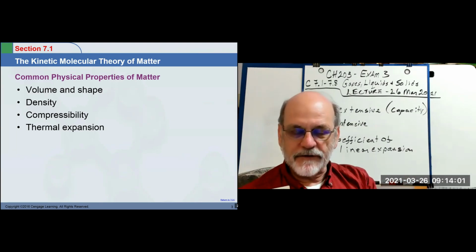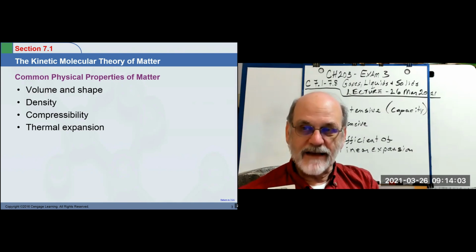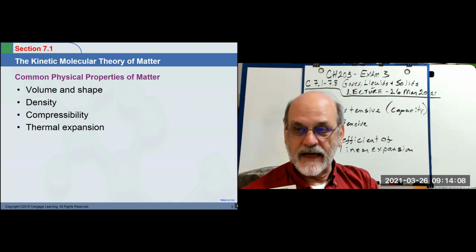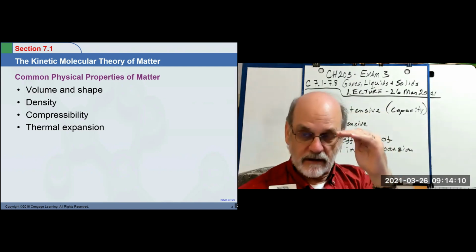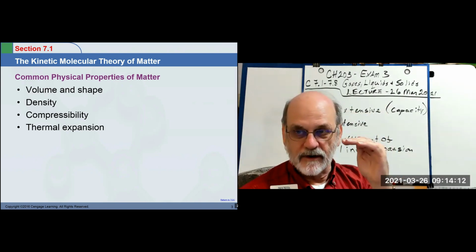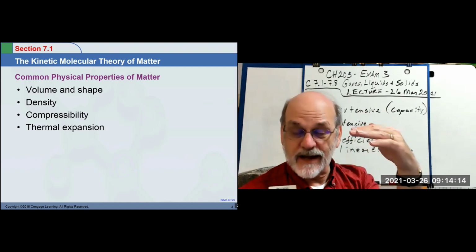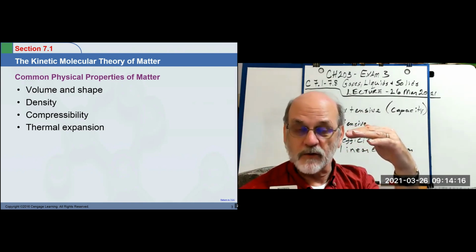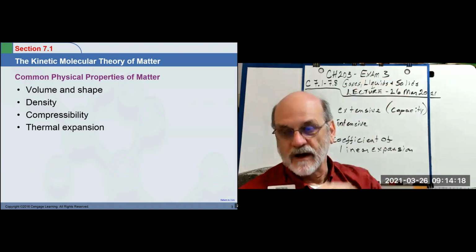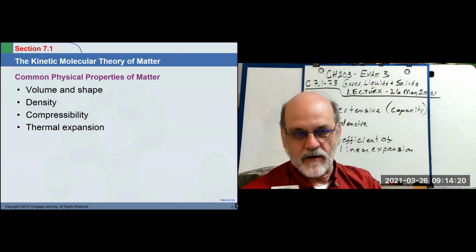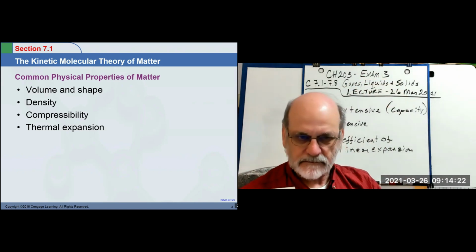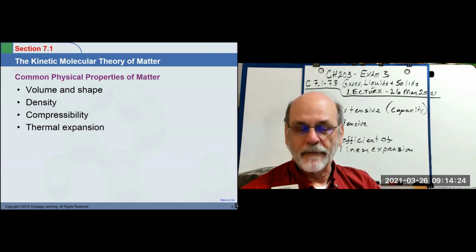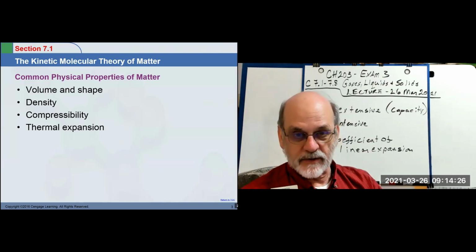So if the solution you're preparing is endothermic in the process of dissolving, then that means the liquid is going to be shrinking with that temperature. And if you fill it up to the mark at that temperature, then when it comes to room temperature, it's going to go past the mark and your volume is in error. All right, so thermal expansion is one physical property that needs to be kept in mind when you're doing chemistry in the lab.